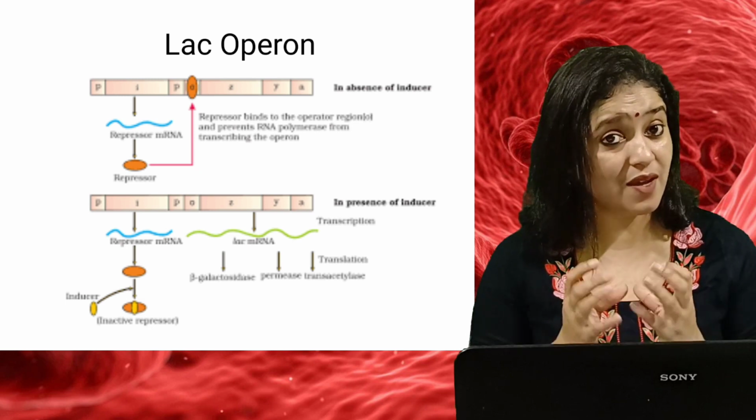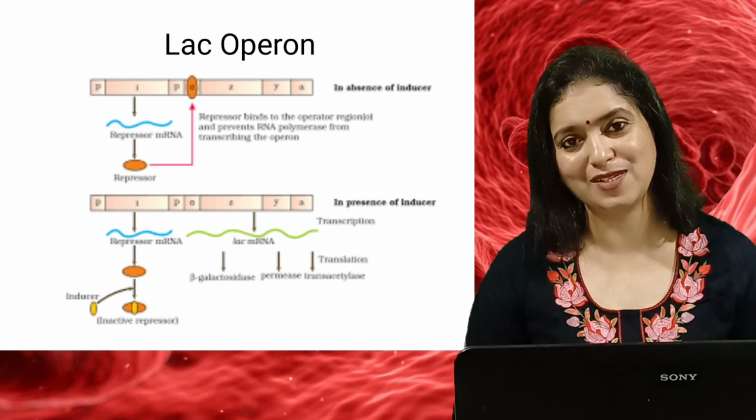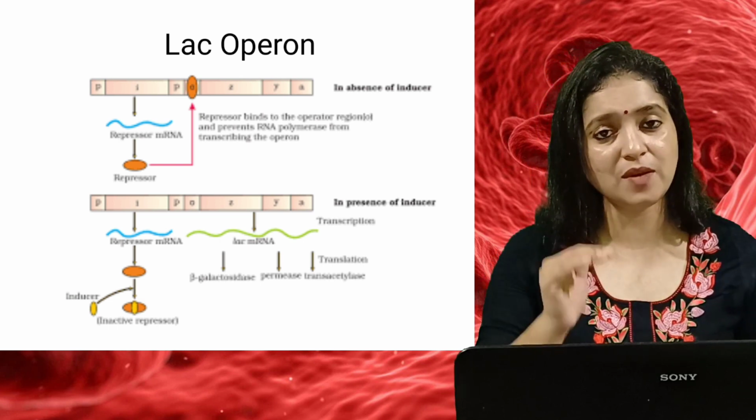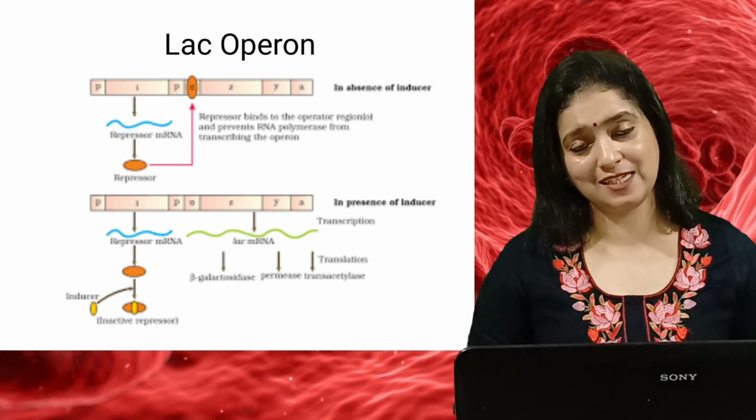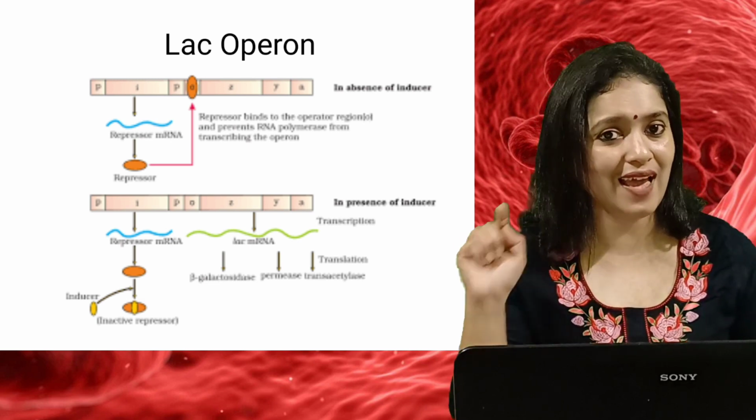These enzymes are produced by the genes which we are calling structural genes. Each of these enzymes is produced by a specific structural gene. You know that it is ZYA.